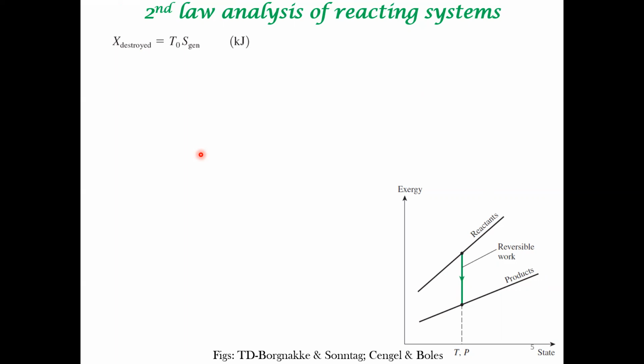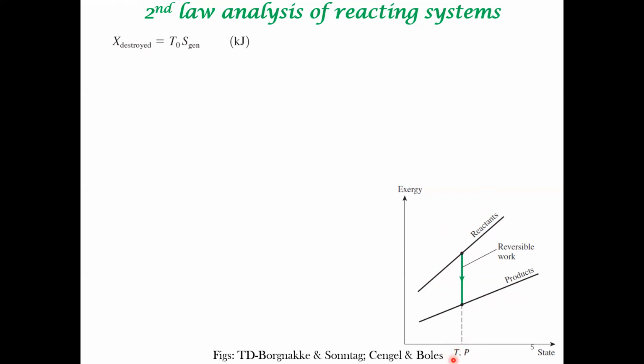Whenever we are talking about work, we have to undertake an exergy analysis. Exergy is the work potential of the system. Supposing the reactants have gone from the reactant state to a product state, let's say this reaction has occurred at the temperature and pressure of the ambience.